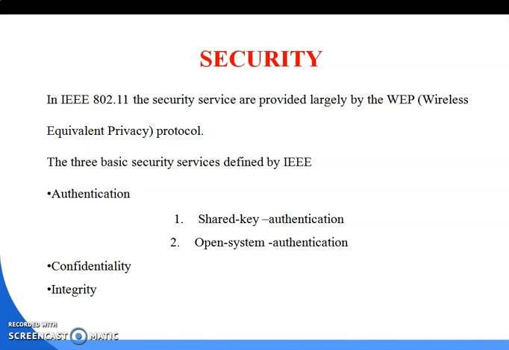Then confidentiality and integrity. So in security there are three services: authentication, confidentiality, and integrity. In shared key authentication, we authenticate by sharing a key, and then there is open system authentication.